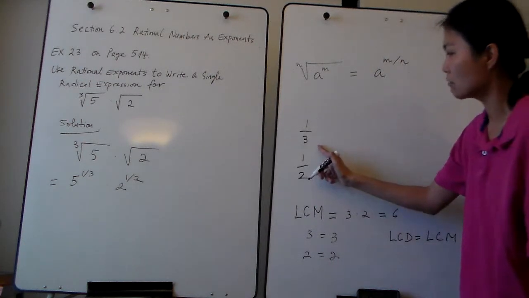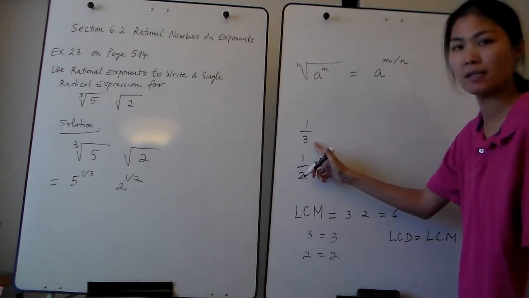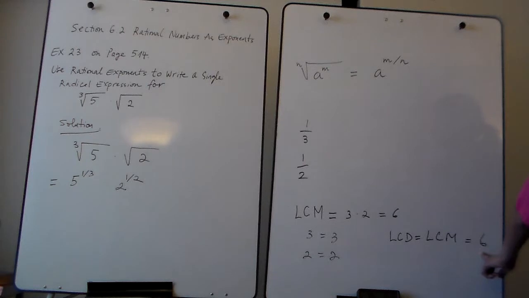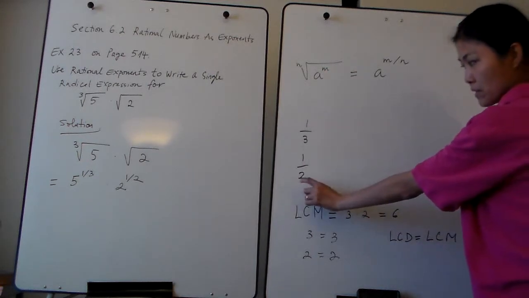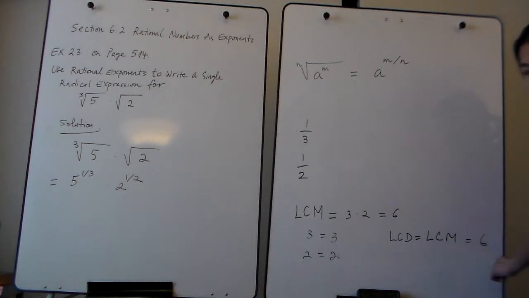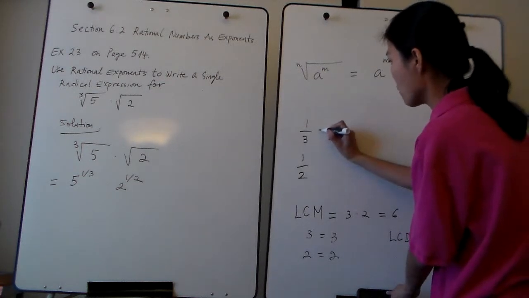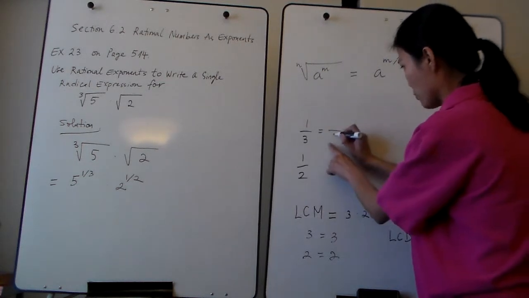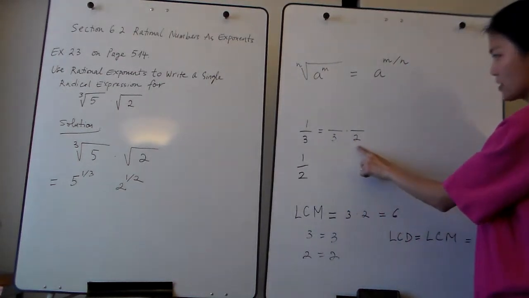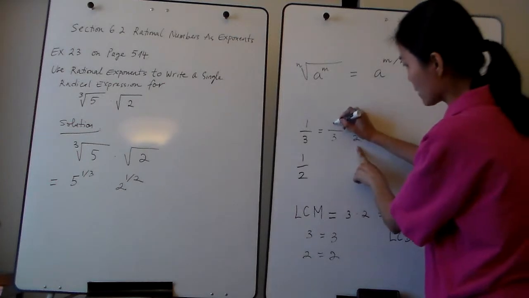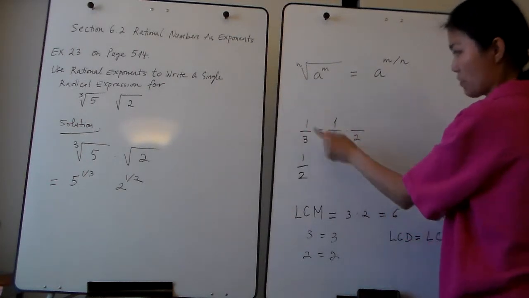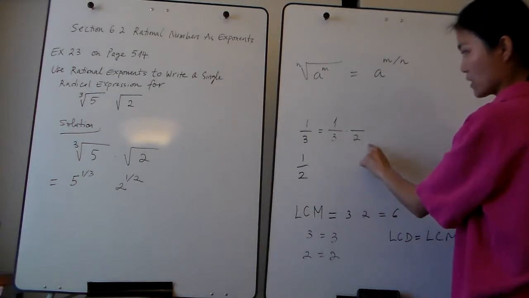Our goal is to convert this denominator 3 to the LCD, which is 6, and we'll do the same thing for this denominator 2 right here, converting it to the LCD 6. Now, starting from 1/3, to get to 6, we need to multiply by 2, because 3 times 2 is 6. If we do that, we change the original 1/3, because now we have 1/6.